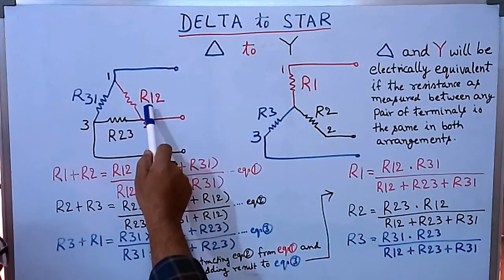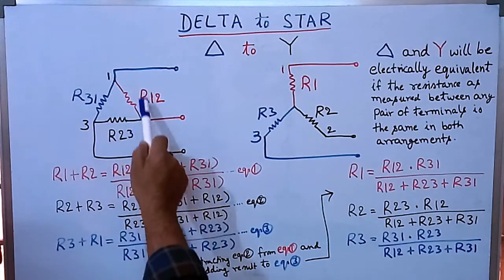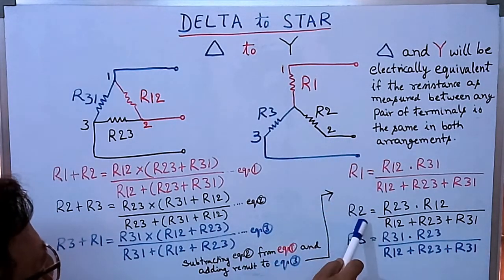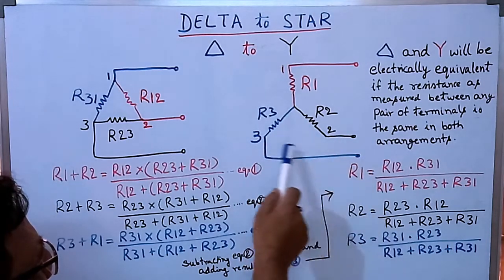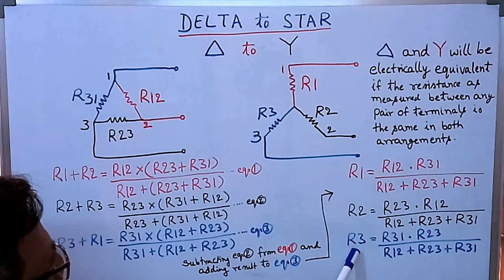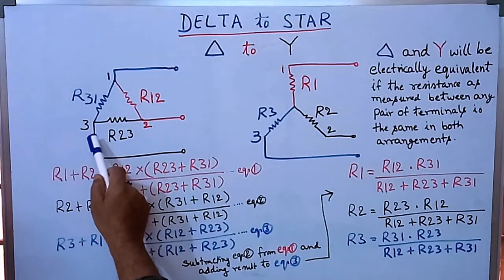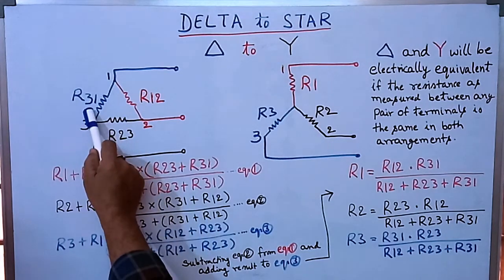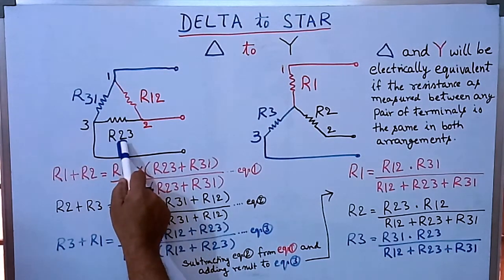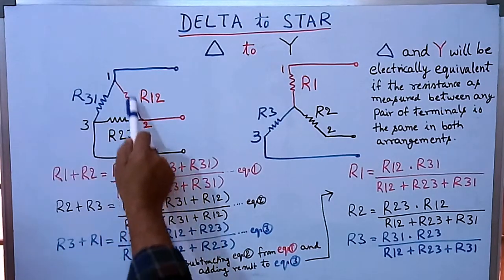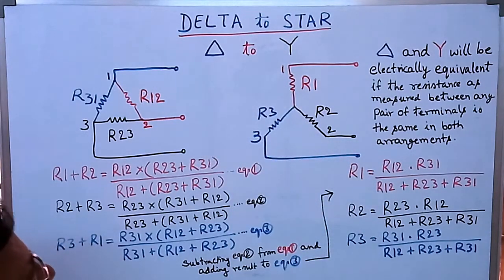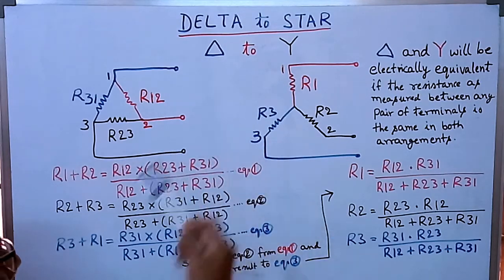Hence R23 into R12 divided by the sum of resistances is R2 in star connection. Now for terminal 3 in star, R3 is connected. R3 equals, in delta at terminal 3, there are again two resistances R23 and R31. Therefore R23 into R31 by the sum of the resistances will give you R3 in star connection. This is how we can remember the conversion from delta to star.